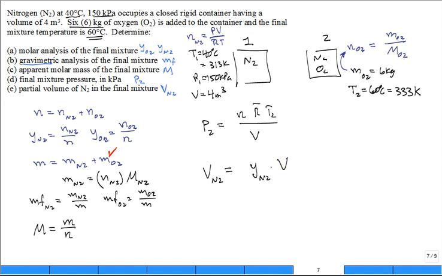You could also do the ideal gas equation where you have to have the number of moles of nitrogen, calculated previously, times R bar T2, the final temperature, divided by P2, which you just calculated. But I think what you'll find is it'll unravel and go to the simple form right there. It's just mole fraction times the volume. Make sense? All right.